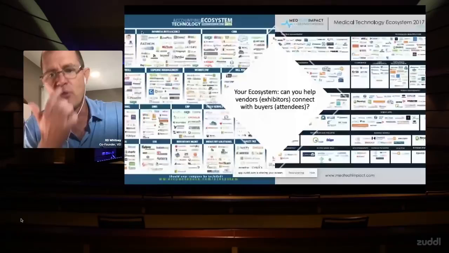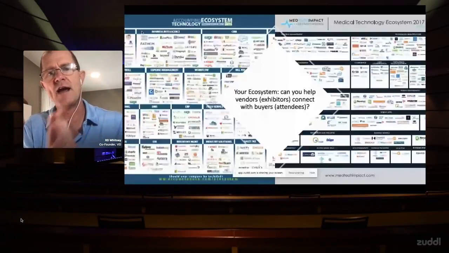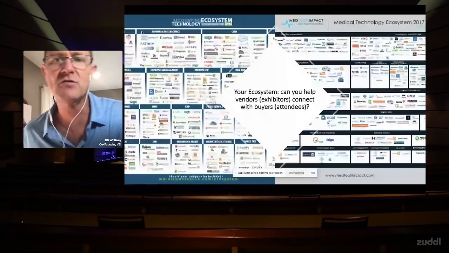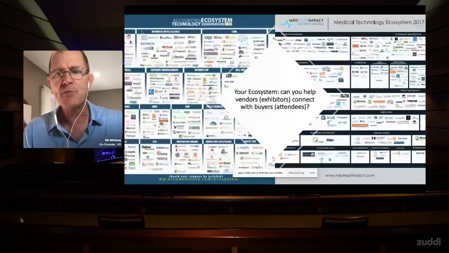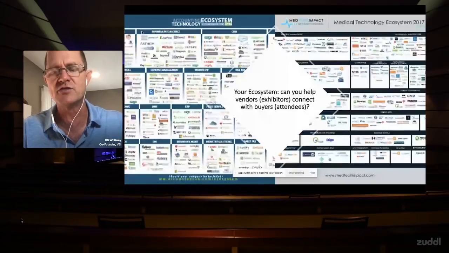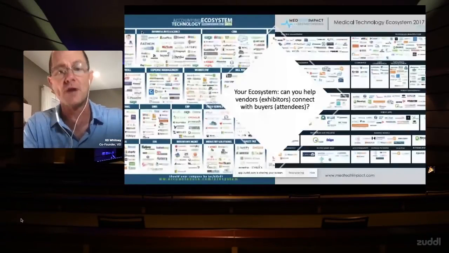Maybe this takes the form of an online directory, but even start with a graphic, right? Just take your areas, and here's one on the left in the accounting technology space, and on the right in the medical technology space, 2 ecosystems I created, and put the logos of the companies that are in those categories that you've just created. This is a huge benefit to the person purchasing within that community, and it can help to form a community.